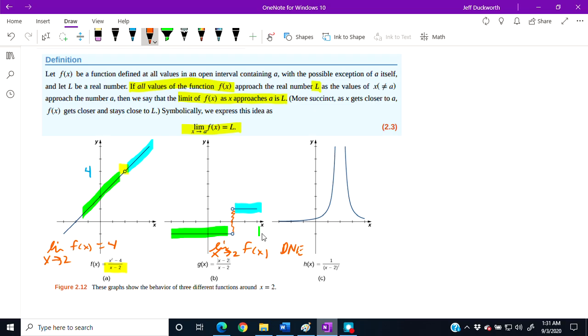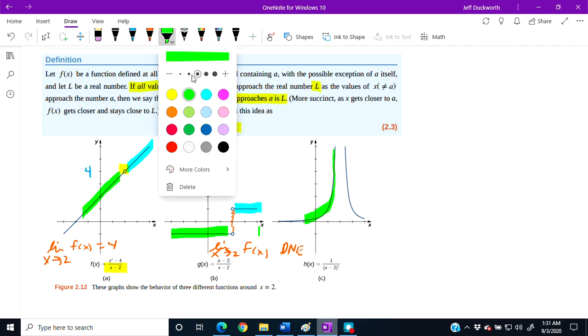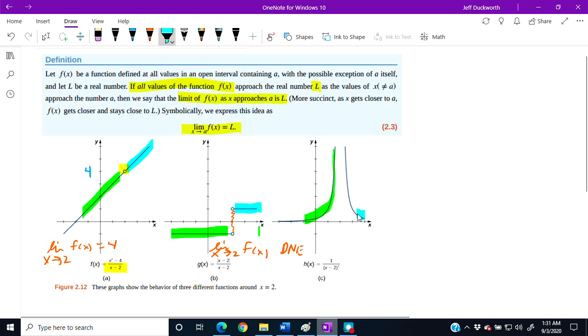Okay. In a similar fashion, we have values going up to infinity from both the positive and negative side. According to our definition, here the limit as x approaches 2 of f of x also does not exist.